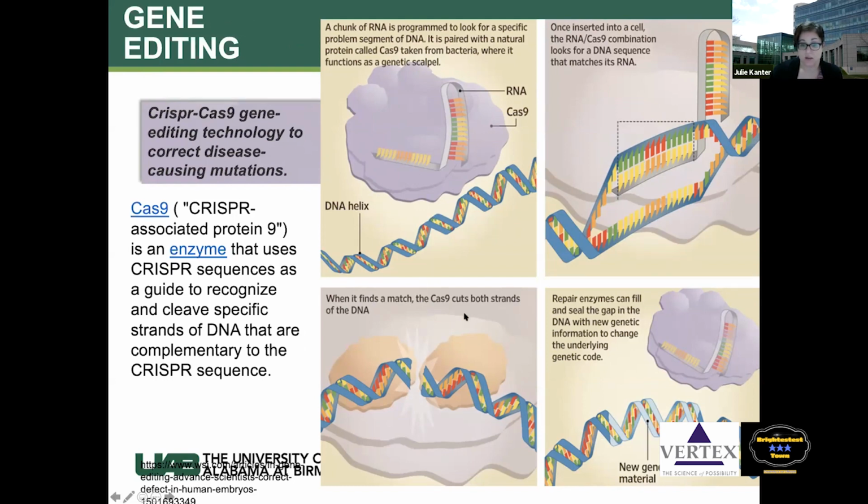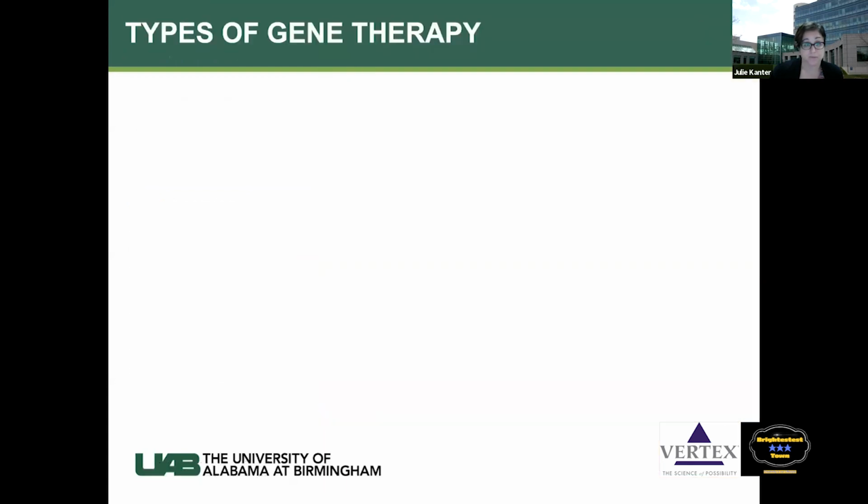And then down here on the left, that Cas9 will cut both strands. The body then fills in the middle with new genetic material. So in this case, we use it to turn on a gene that makes fetal hemoglobin or baby hemoglobin, so that individuals will make both baby hemoglobin and sickle hemoglobin, again, very similar to individuals with sickle cell trait.